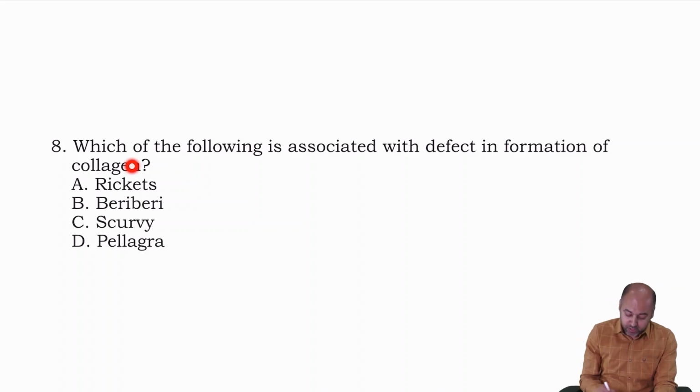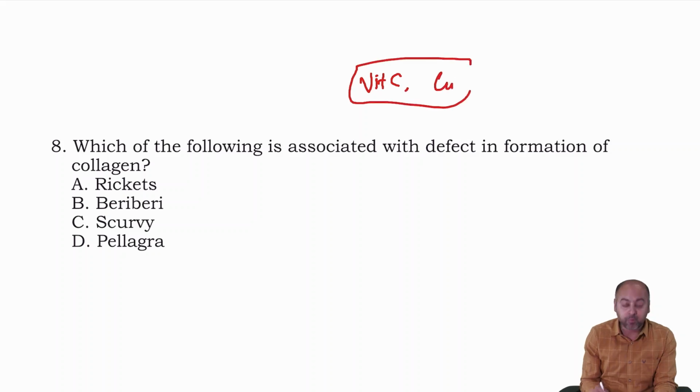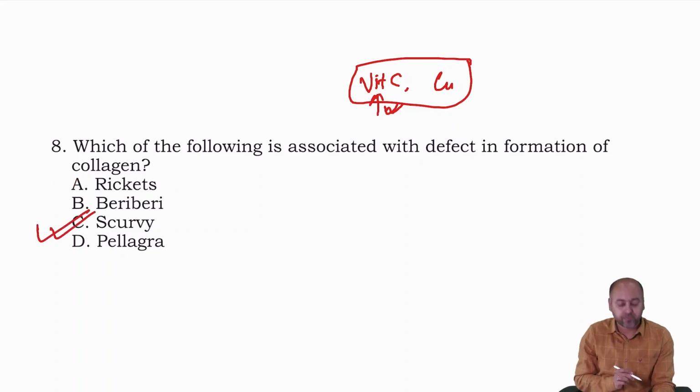Okay, so obviously we know that collagen synthesis requires two things. It requires vitamin C and copper. And when the collagen synthesis is defective, particularly because of vitamin C deficiency, in that case we get scurvy.